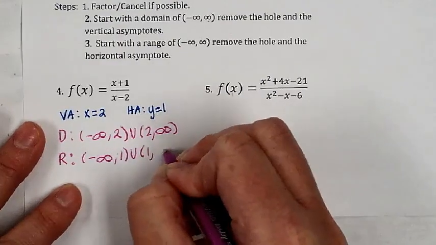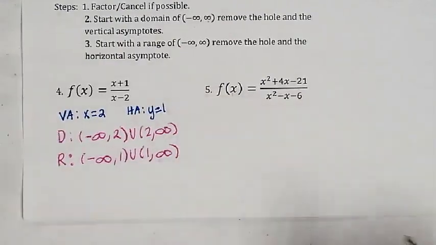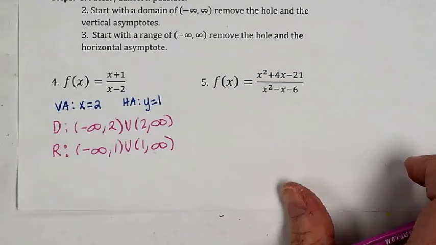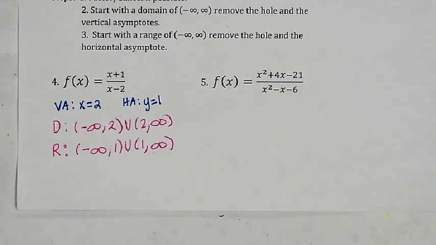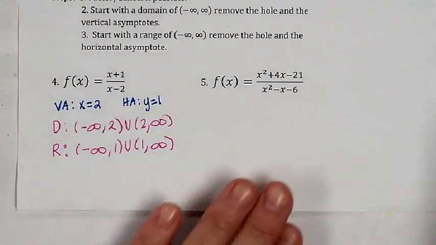Any questions? Alright, 5. x squared plus 4x minus 21 over x squared minus x minus 6. So we're going to need to see if we can factor. Yes, x minus 3, x plus 7.